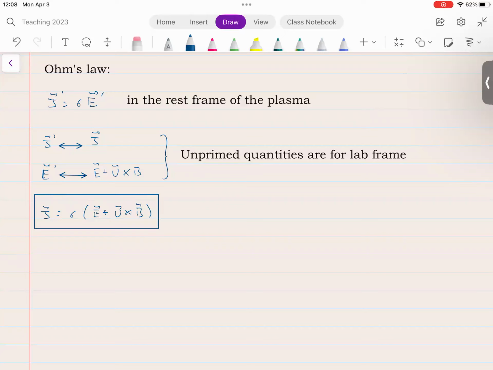Now, if the plasma is collisionless, if there are no collisions, or the collision frequency goes to 0, then sigma goes to infinity, and therefore the quantity in the brackets must go to 0 at the same rate to have the product remain finite.